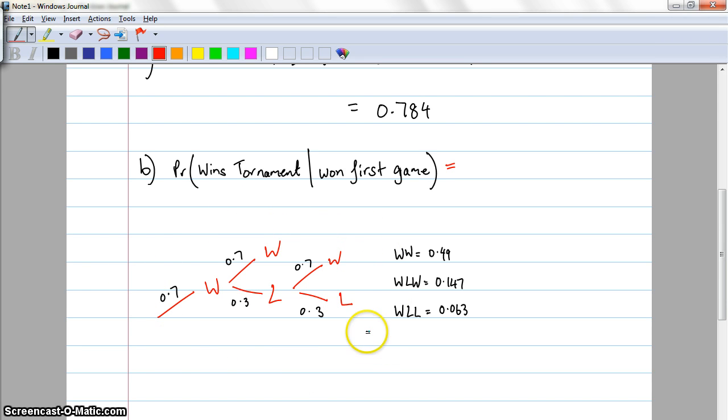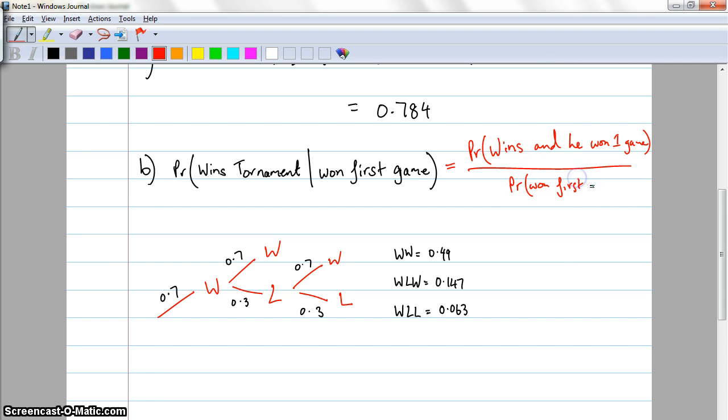Okay? So the way that we work this out is, if I was going to use the mathematical language, I would say that turns into what's the probability that he wins and he won the first game, divided by the probability that he won the first game.